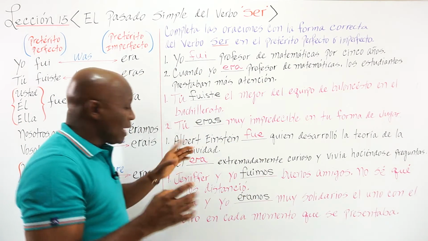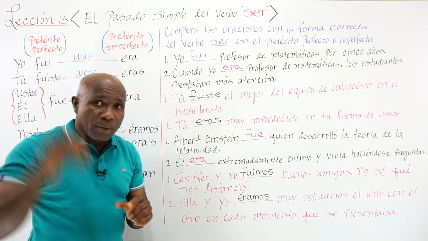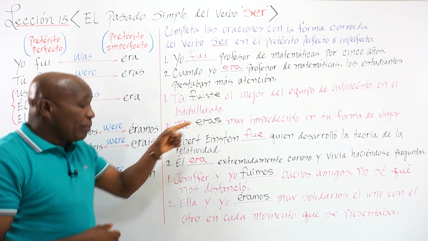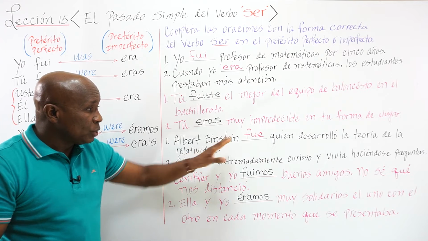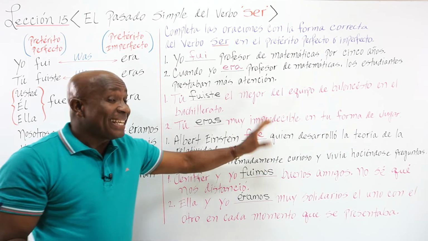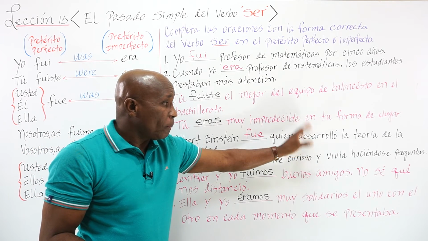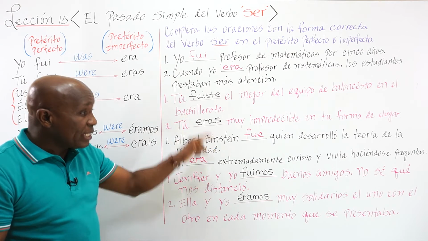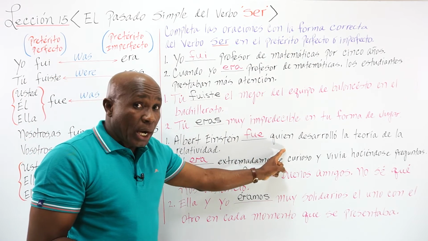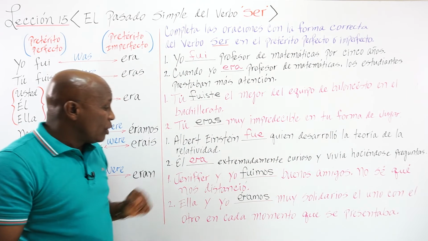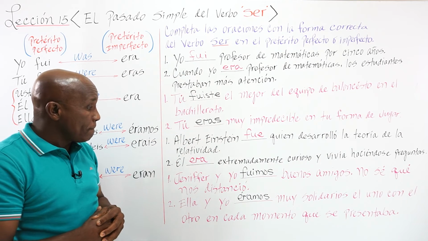All right, look at this one with Albert Einstein, that famous scientist and physicist. Albert Einstein fue quien desarrolló la teoría de la relatividad. Albert Einstein was the one who developed the theory of relativity, right?